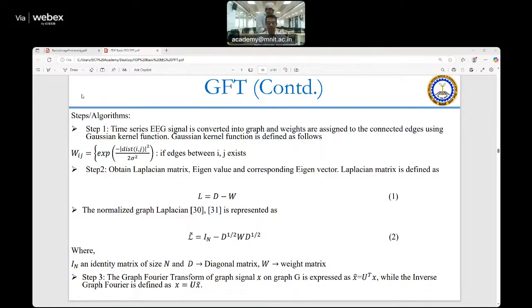The Laplacian is D minus W. How do you calculate D? If you recall, D is obtained when you add up all the elements of the row or the column and put that sum at a diagonal position. I hope you are able to recall.